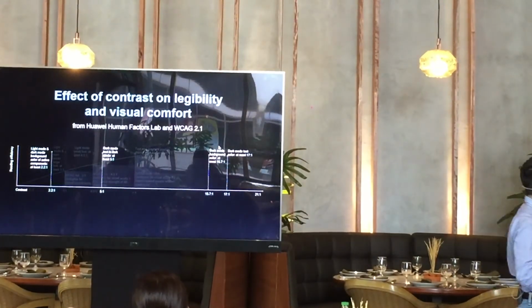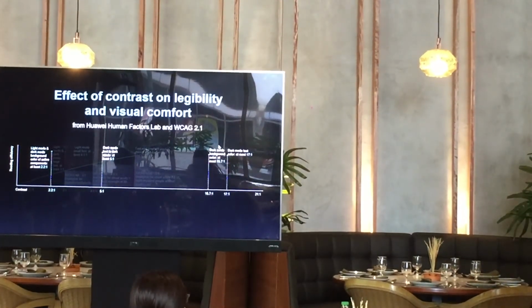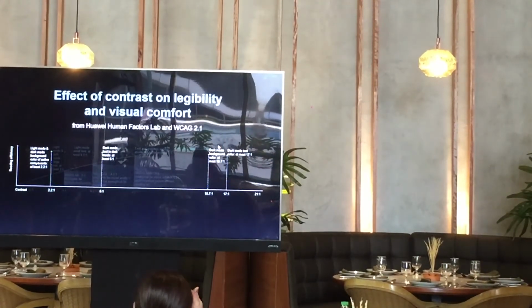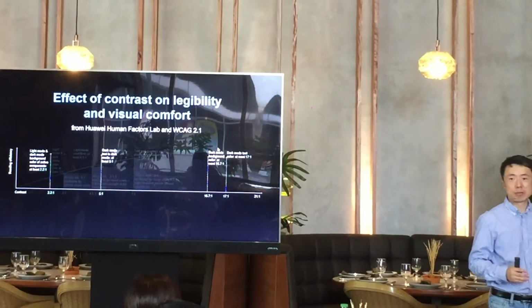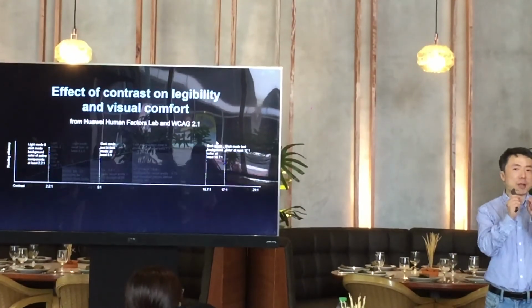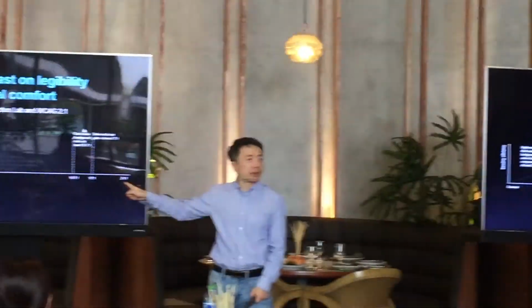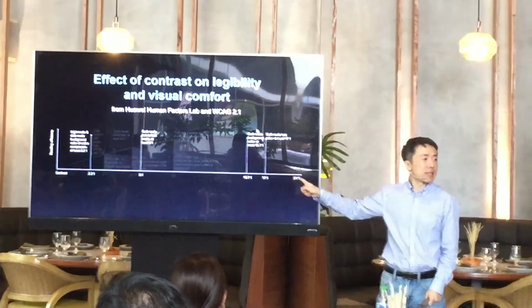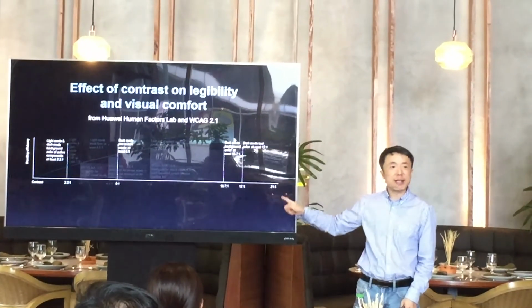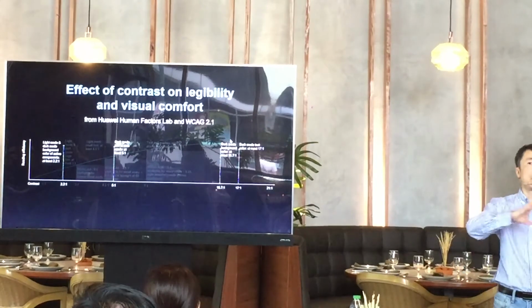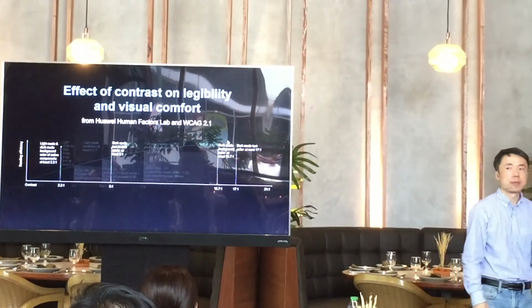This is a diagram of contrast ratio against reading efficiency. If you are simply reverting black and white color, you are here, 21 to 1. That's the value of today's dark mode with simply reverting black and white color.